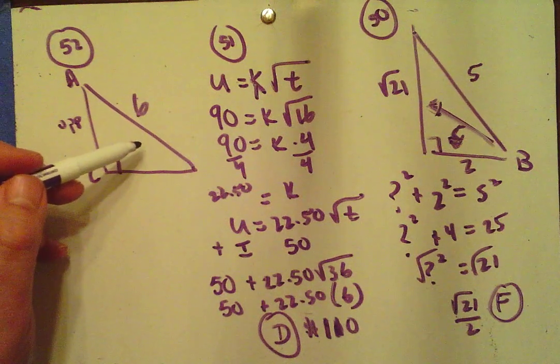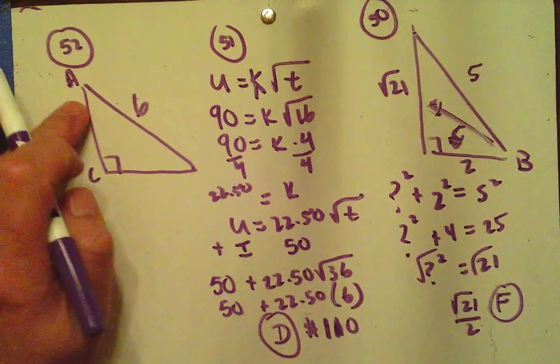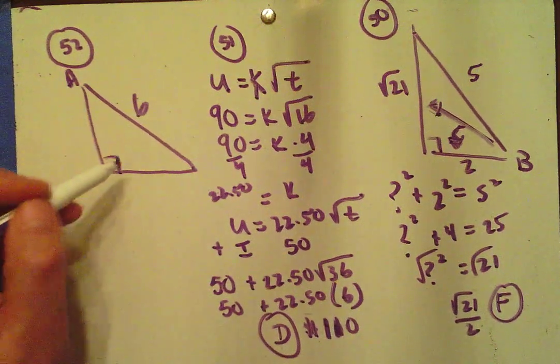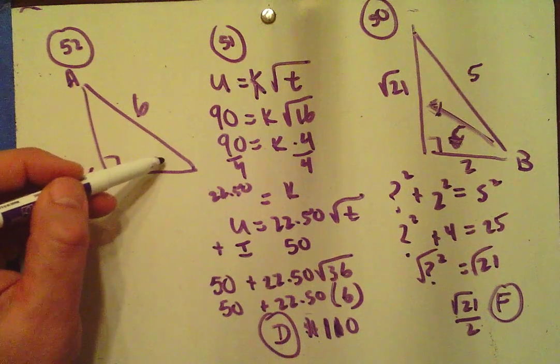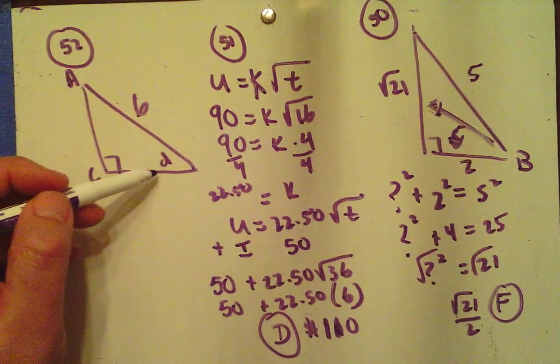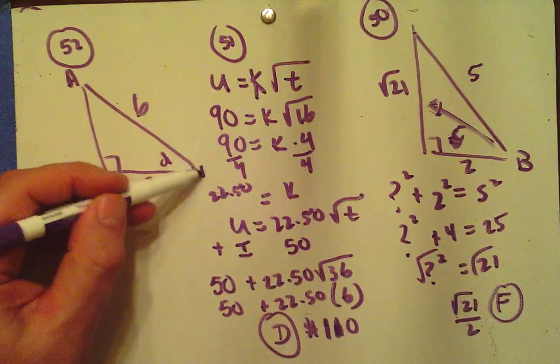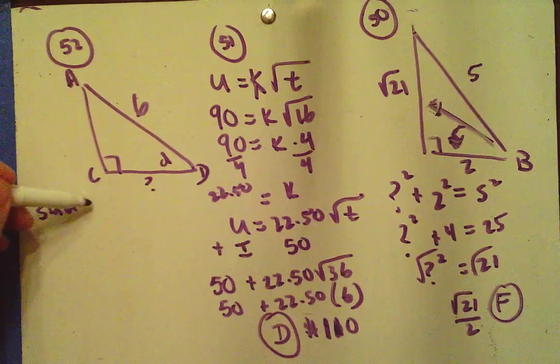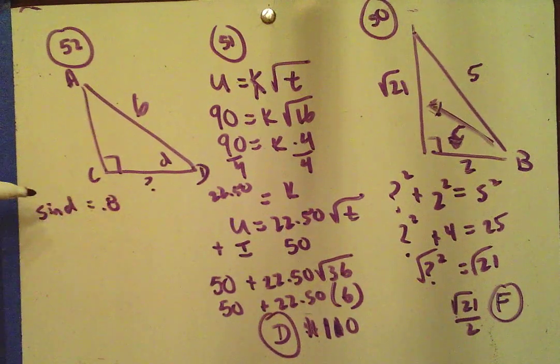Oh, no, it isn't. I don't know that yet. I'm going to have to find that. And we know that this is angle D. Okay, we're looking for CD. But we know that the sine of little d is 0.8.